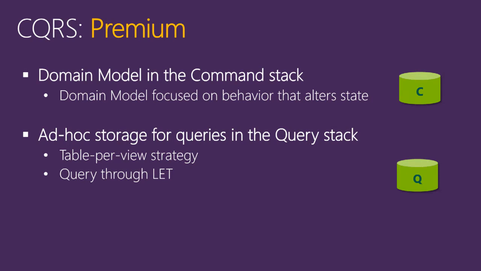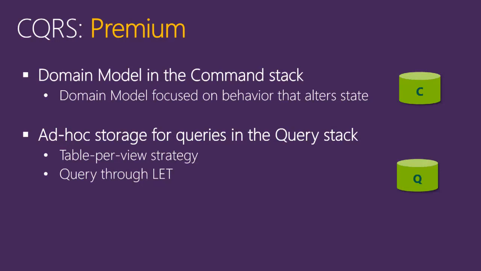The idea is that all the logic you need to massage persisted data to view data takes place in the command stack, and the command stack is also responsible for updating, for writing records in the Q database as soon as commands are processed.